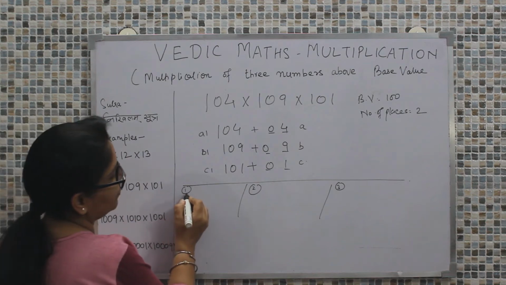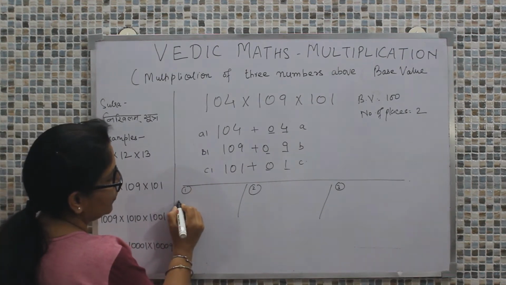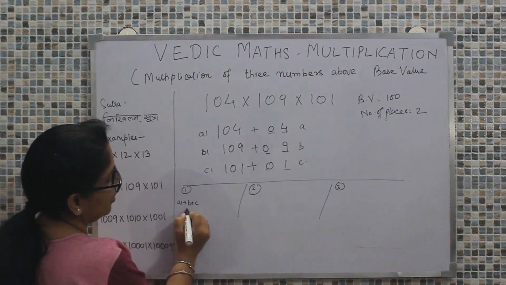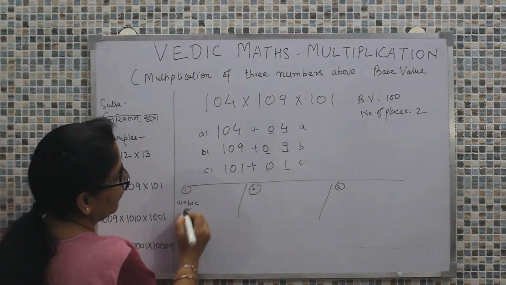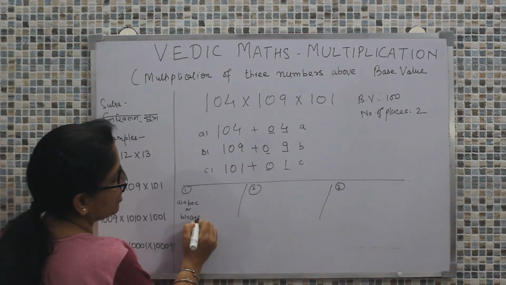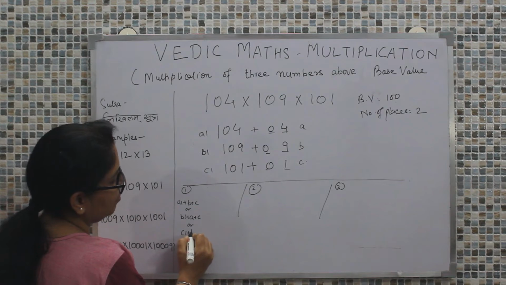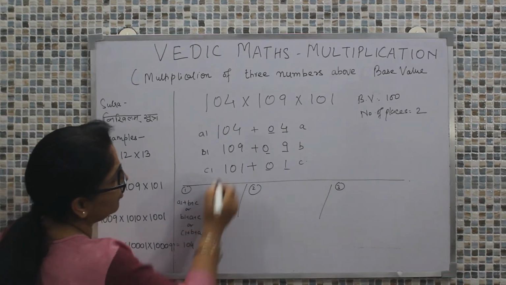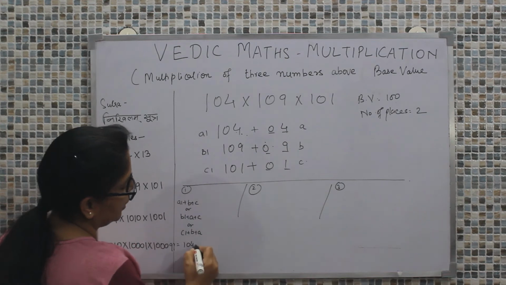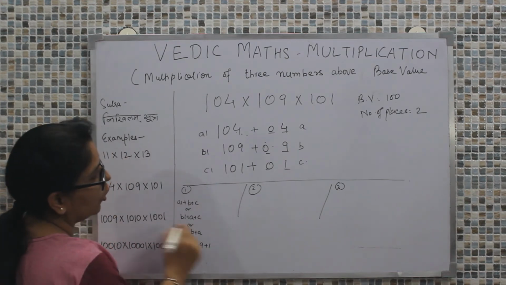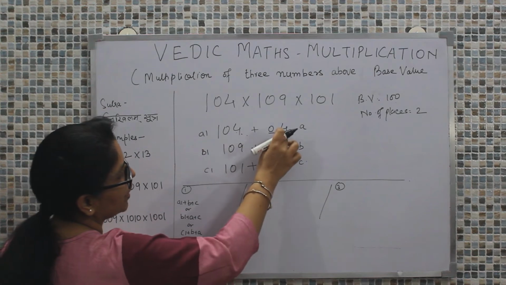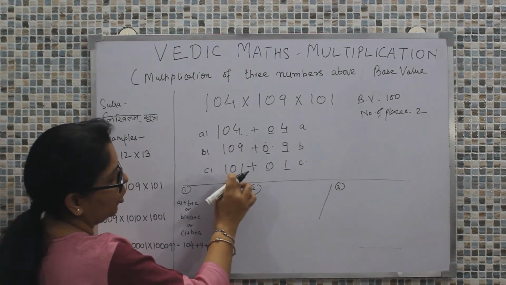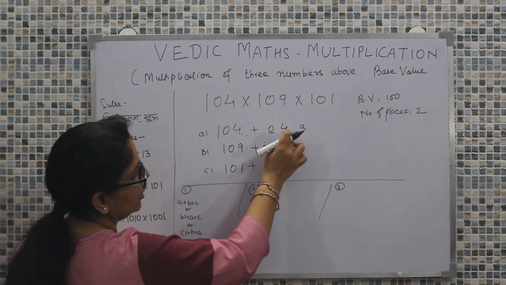Okay. Now let's start with the first component. As we have taken up the formula, it is A1 plus B plus C, or B1 plus A plus C, or C1 plus B plus A. So we calculate: we have 104 plus 9 plus 1, or 109 plus 4 plus 1, or 101 plus 9 plus 4.